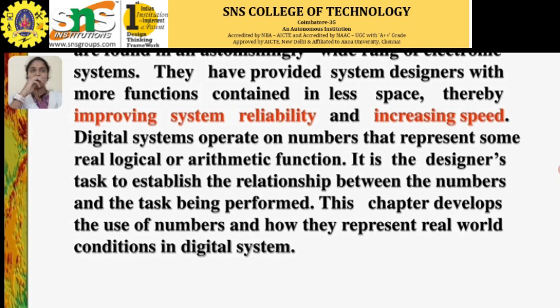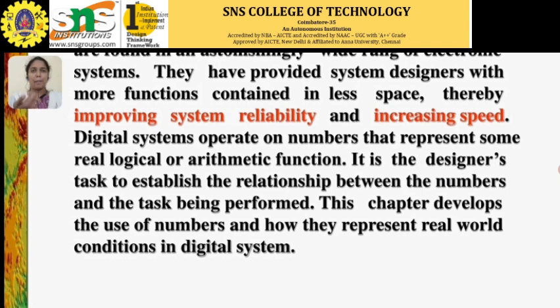Now consider the designer's responsibility to map numbers to real-world conditions. Designers of a digital system must establish a relationship between numerical data and real-world phenomena. This involves translating physical quantities like temperature, pressure, and sound into digital representations that circuits can process.